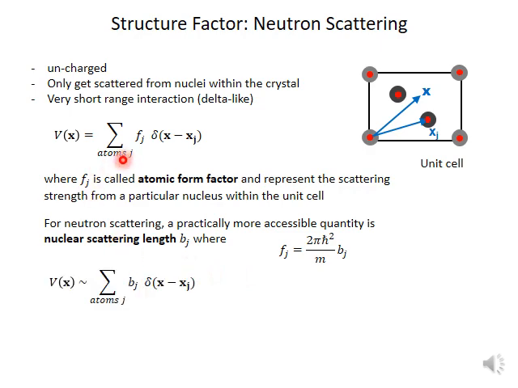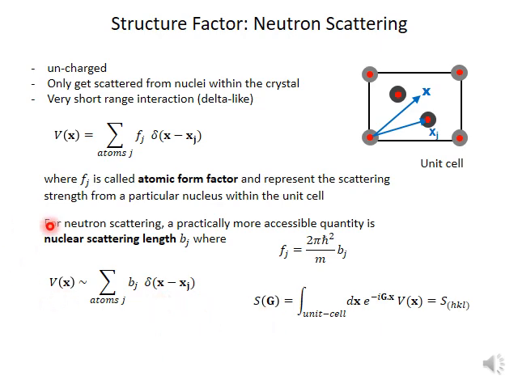So now this potential within a certain unit cell is a summation, and instead of f_j, I have replaced b_j over here and a proportionality here because this extra factor would add up. So it's not an equality anymore, rather it's just an approximate value.